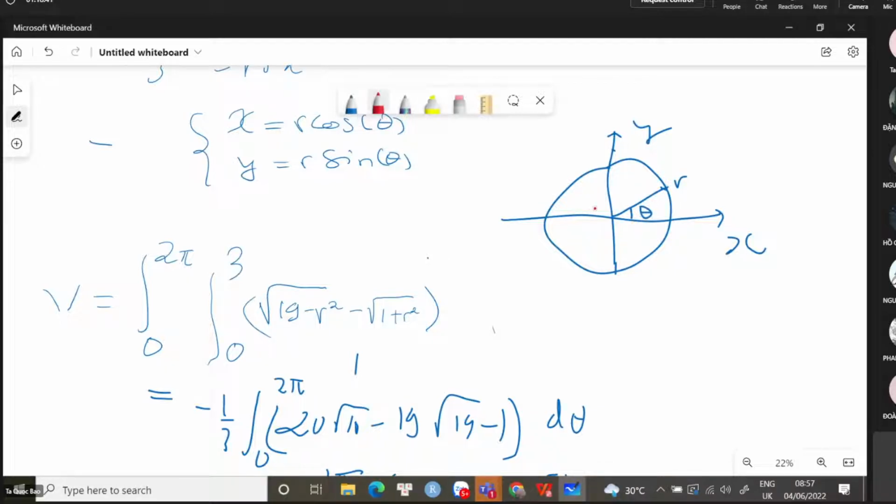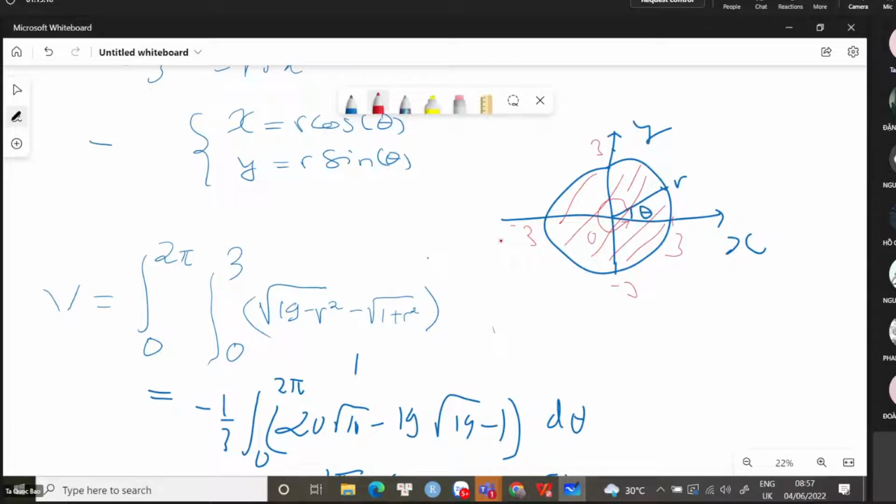Yeah, we consider the whole circle. Therefore, theta is from 0 to 2 pi and r from 0 to 3, here is 3, it's -3. So you can see we have the whole circle.